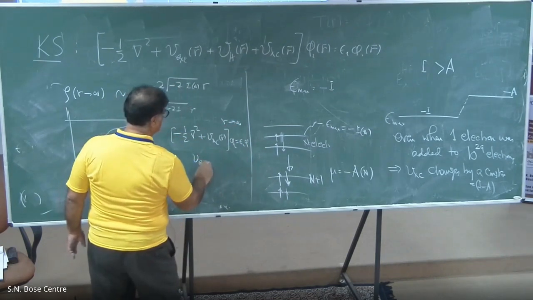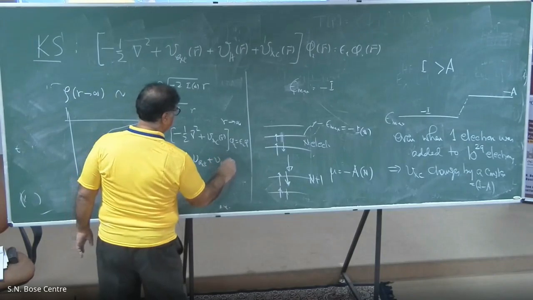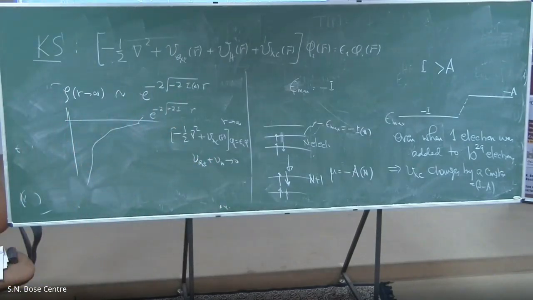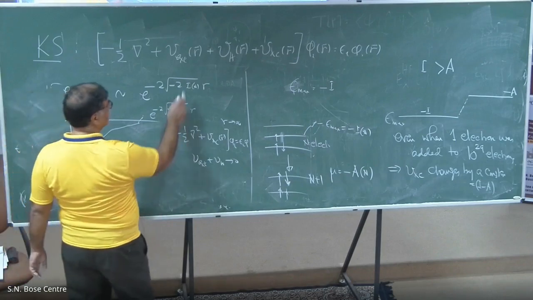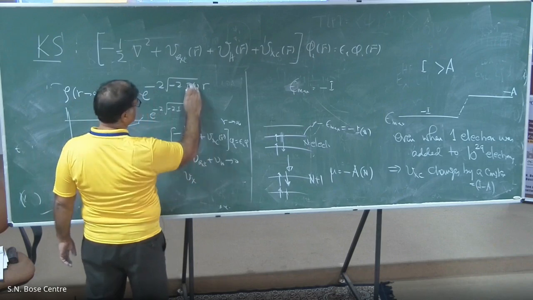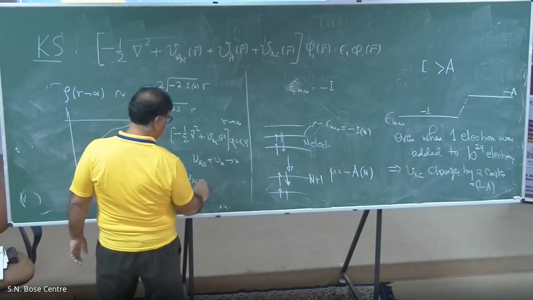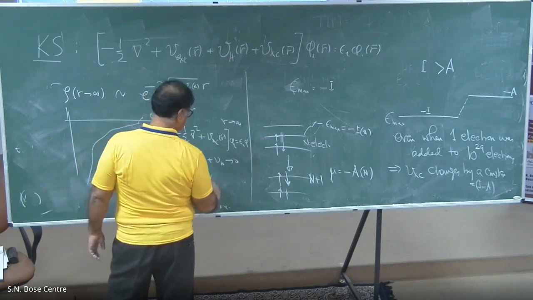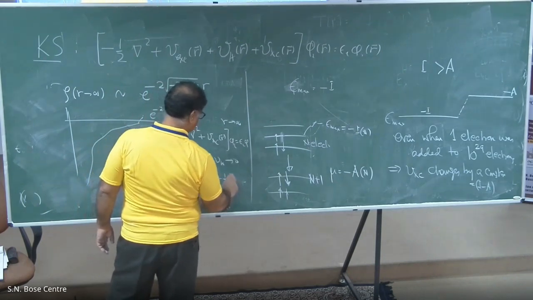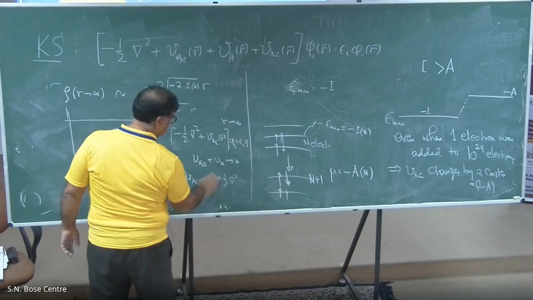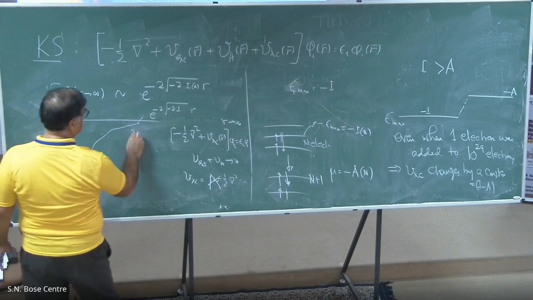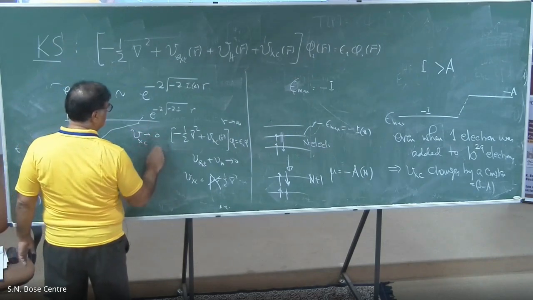So you can calculate this, and the exchange-correlation potential comes out to be a constant equal to minus I, some mu minus one half L squared, whatever. So the constant you can remove. You add mu to make the exchange-correlation potential go to 0.